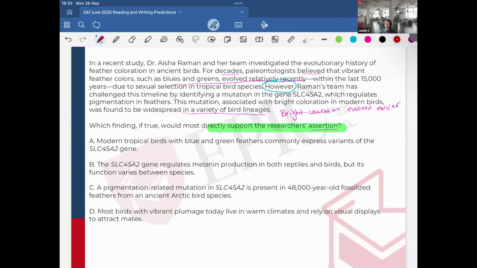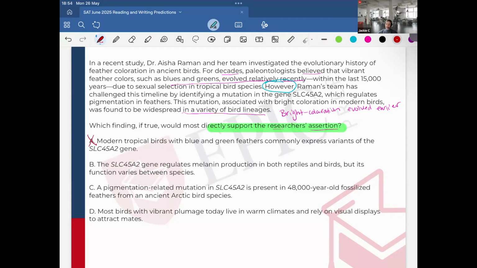Okay, so now that I kind of know what I'm looking for, let's go ahead into the answer choices. So A, modern tropical birds with blue and green feathers commonly express variants of the SLC45A2 gene. Okay, but this would be a no. This supports the old theory, that the birds today have this gene. It doesn't show the mutation existed before, outside of the group.